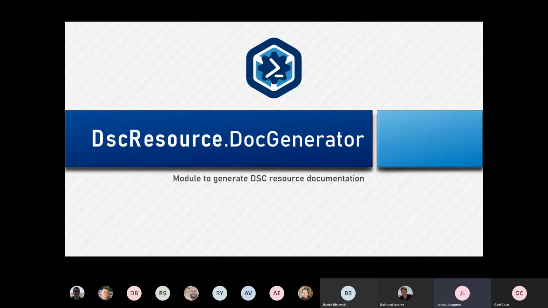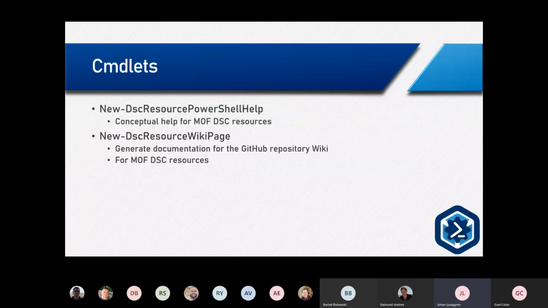In the old DSC resource test repo, in the old pipeline, the way we did it before, we had help functions that generated documentation. These have now been moved to a new module called Doc Generator.